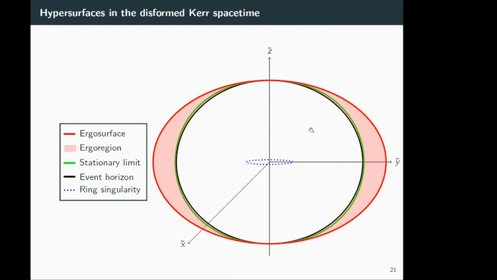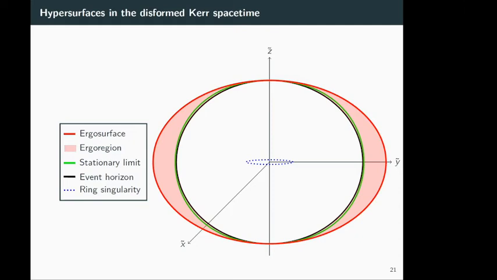As in the Kerr case, this red region is the ergosurface, but what I didn't mention is that this stationary limit is actually very, very close to this null surface in black. So you have what I'll call the event horizon in black, and it touches the stationary limit at the poles and the equator. There's a region in between that is kind of strange because, as I mentioned, all the Killing vectors are space-like inside.